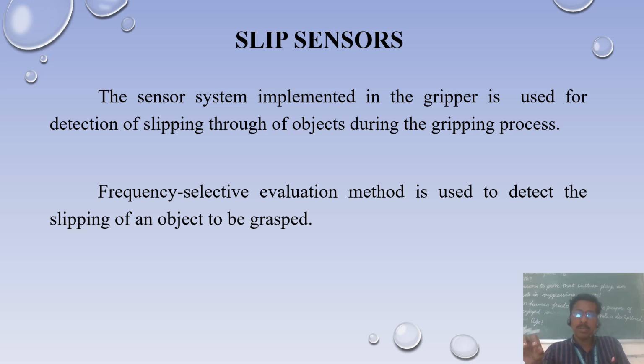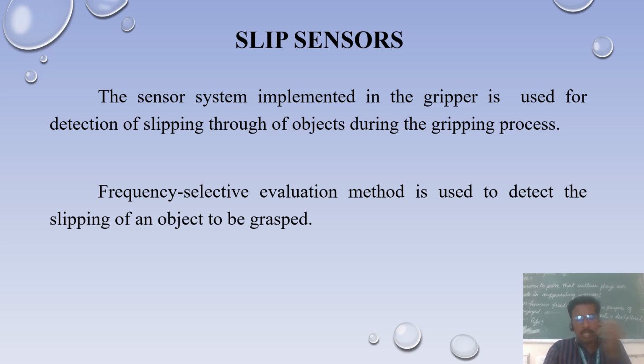So this measurement is very, very important in machineries, because they are handling hard arms, irons, electrical and heat materials with the end effectors. So that should be carefully handled. This type of gripper is very important in handling different types of materials. A frequency selective evaluation method is used to detect the slipping of an object to be grasped.